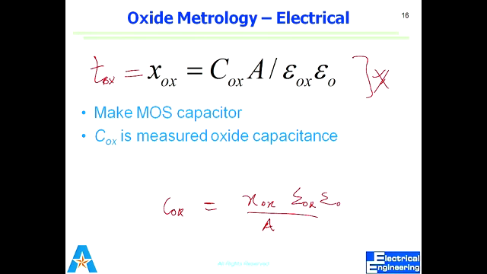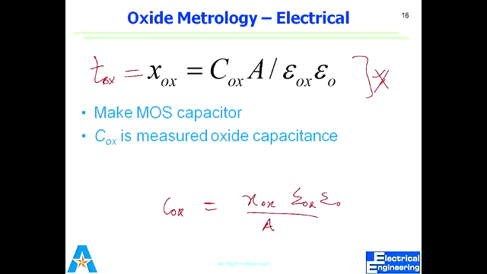We will have to fabricate the MOS capacitor, and when you fabricate it, you will be able to find out the capacitance C oxide. Once you know the C oxide, you can find out the thickness, or if you know the thickness, you can find out the C oxide.